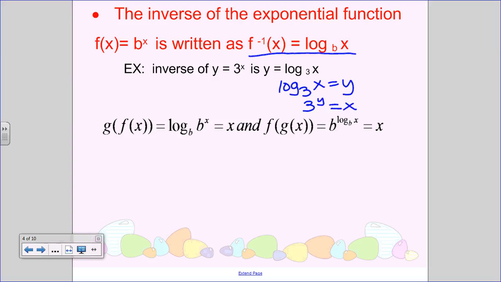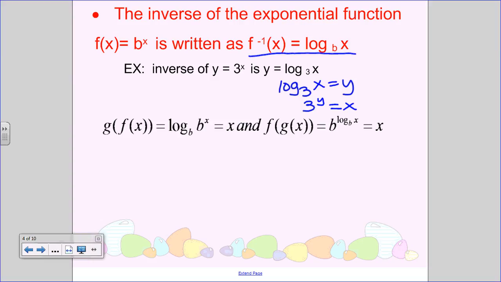That's the exponential form of log base 3 of x. But for the actual inverse, we have to switch the x and y, giving us an exponential function with an x in the exponent. So we always switch the x and y first, and then that will be our inverse function.